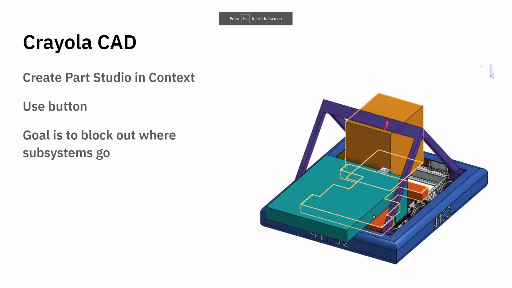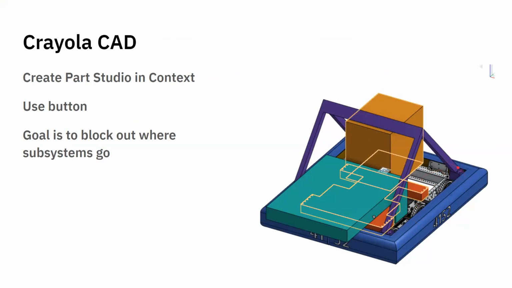Anyways, getting back to Crayola Cad, this is just an example of what it might look like. This was actually our robot this year. Early on, we said, okay, we're going to need to mount things here. Our intake's going to be there. Climbers.